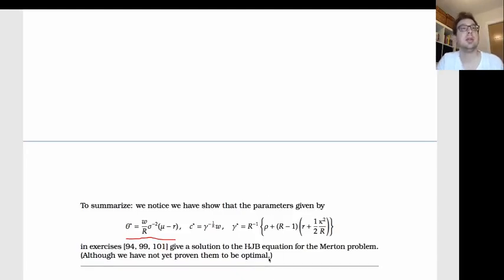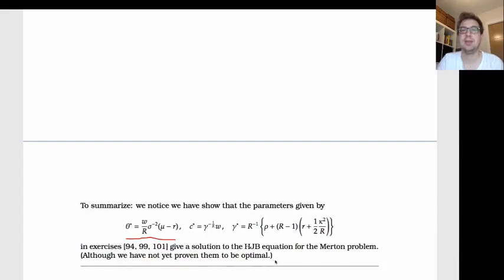We've proven that this is a solution to the HJB equation, but we haven't quite done all the mathematical bookkeeping, as in we'd need to really prove that this actually is an optimal solution. In a more applied setting, I'd say, well, you've solved the HJB equation, so you've probably got an optimal solution.